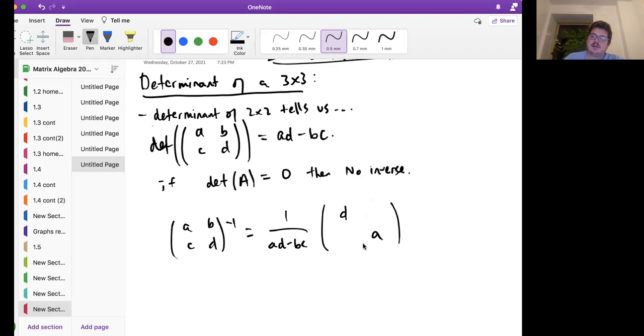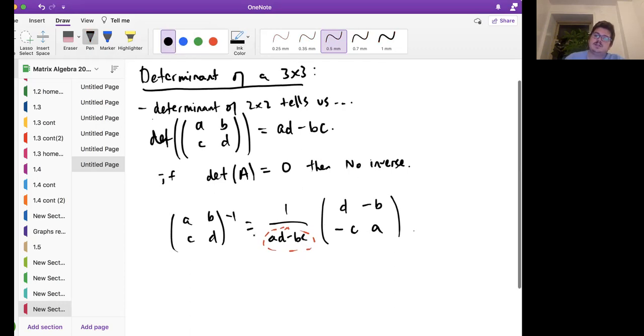Yep, swap A and D. And then what happens to B and C? Yeah, those get negated. They don't swap. So if the determinant is 0, that means we can't use the formula. So what happens if it is 0? If it's not 0? Then it has an inverse.